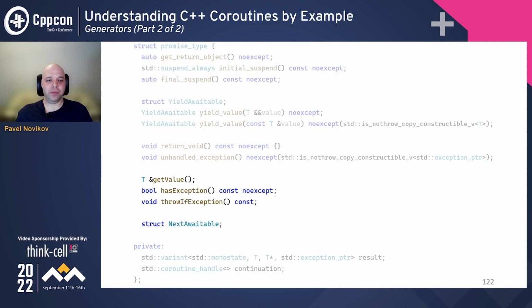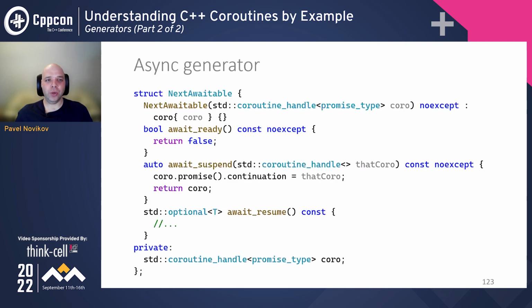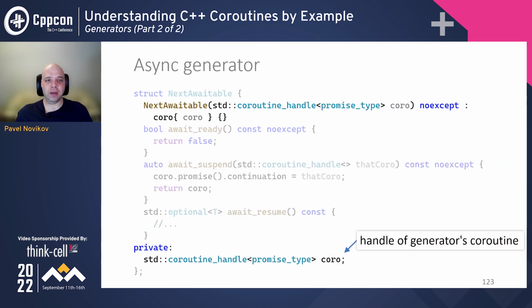And finally, we have the next awaitable. In the private section, we have our result variant, and we have the continuation. So when we co-await on the next awaitable, we co-await on an instance of this awaitable type. The constructor just stores the coroutine handle value.